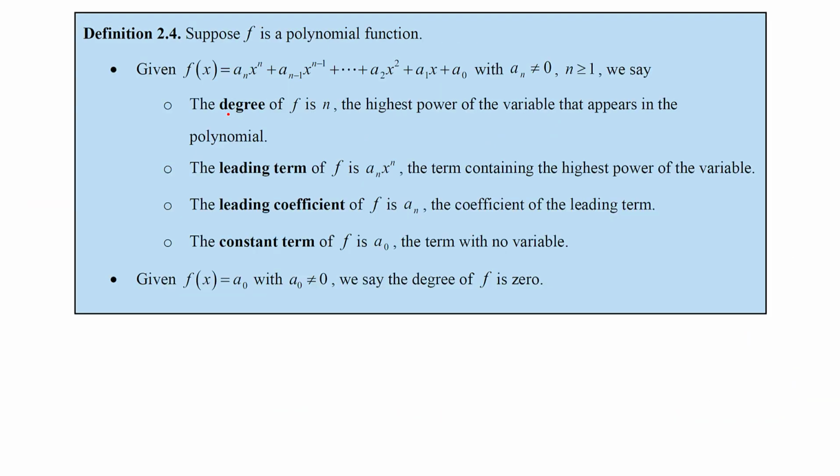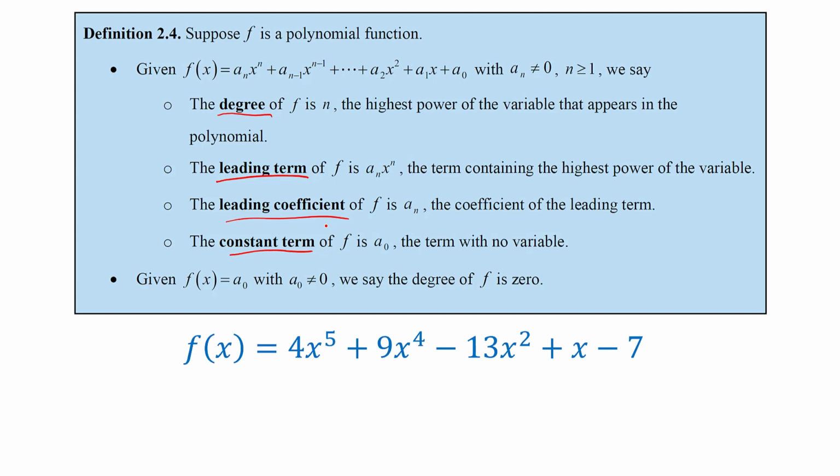Let's go on to look at some characteristics of polynomials: degree, leading term, leading coefficient, and constant term. Here I have f of x equals 4x to the fifth plus 9x to the fourth minus 13x squared plus x minus 7.